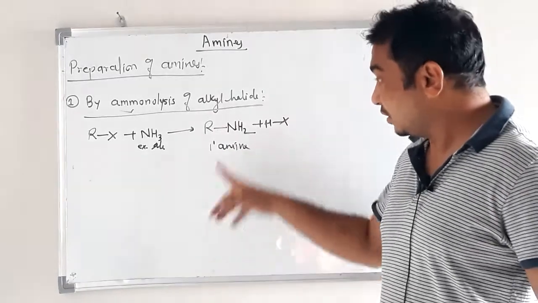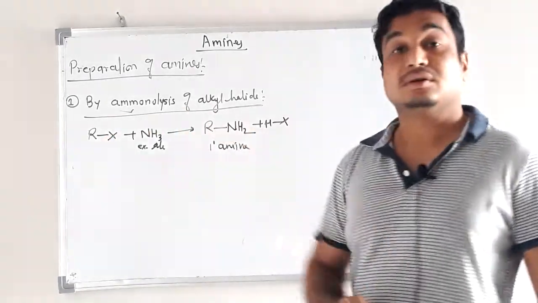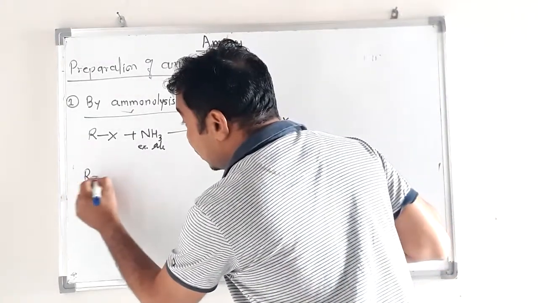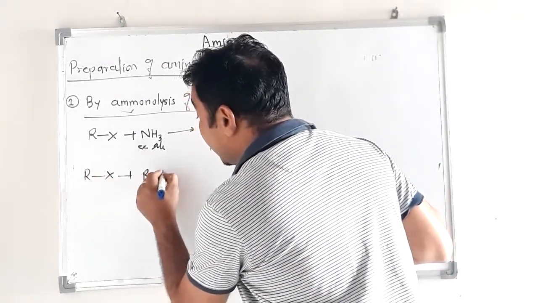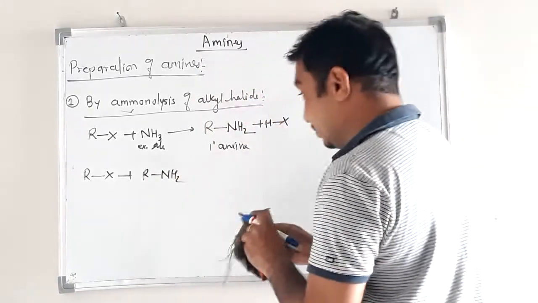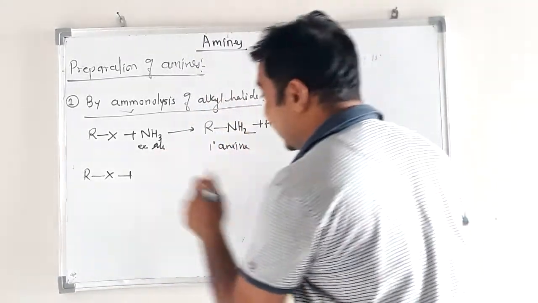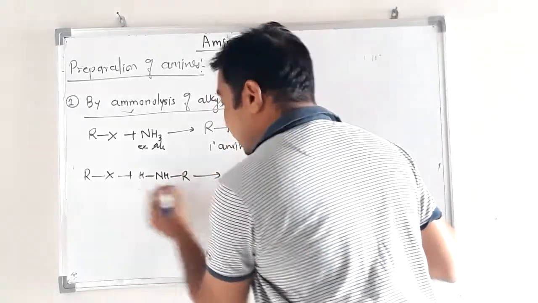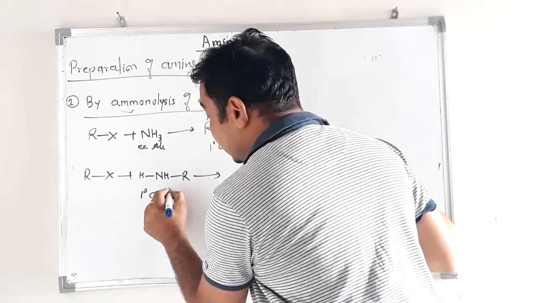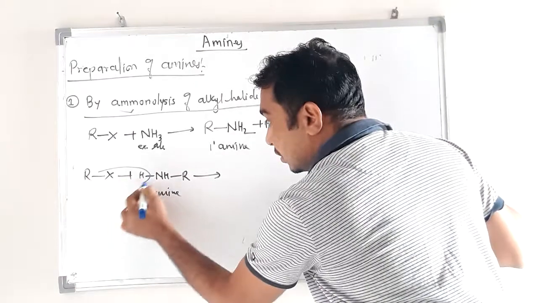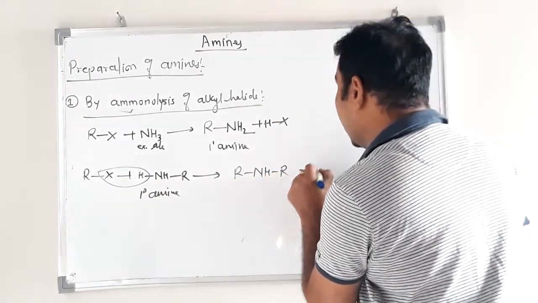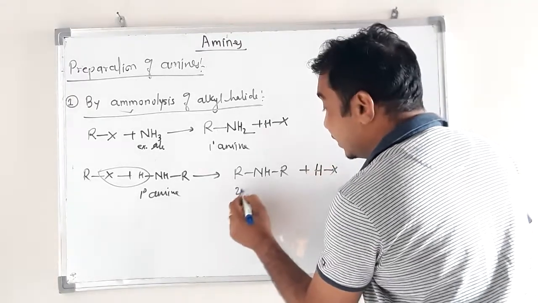in the next step what happens? This primary amine reacts with another molecule of alkyl halide and forms secondary amine. How? This primary amine acts as a nucleophile. Now we have written the primary amine like this, then R-NH-R and HX, that is secondary amine.